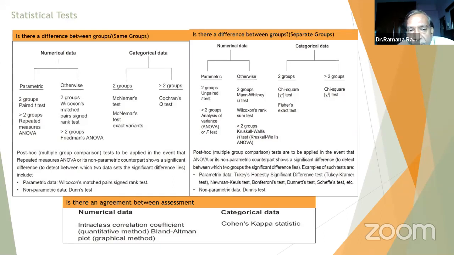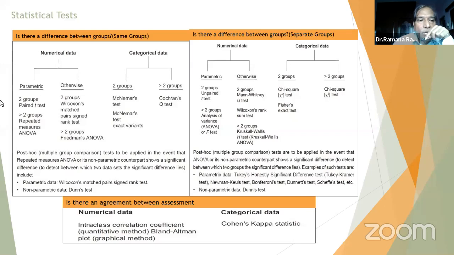For example, if you have the same groups and you have taken data set one, you have applied your algorithm, and then you have applied the algorithm developed previously by your predecessor. So you have got two results. How do you know whether the two results are statistically significant or not?